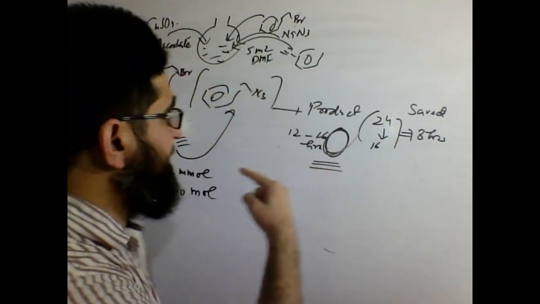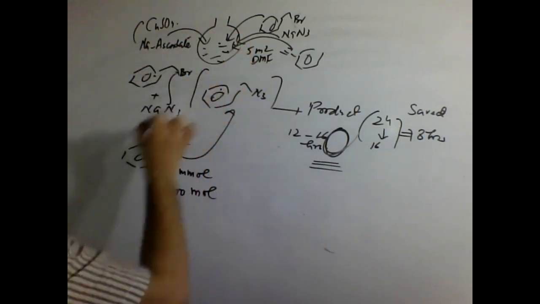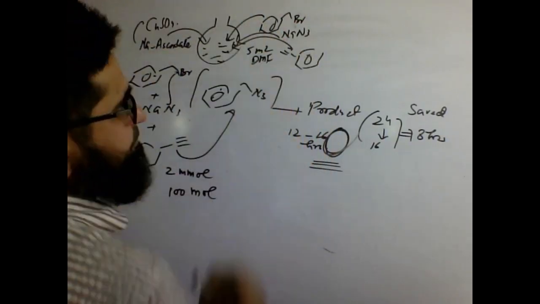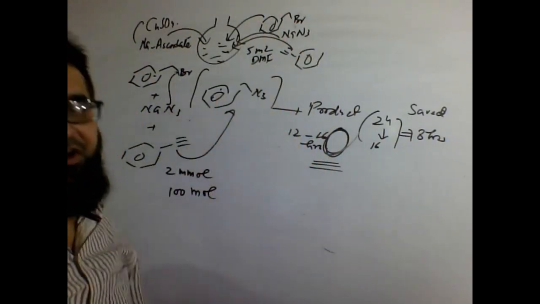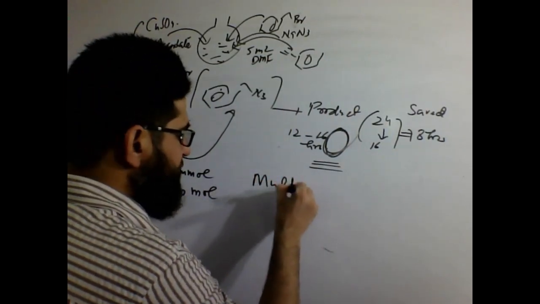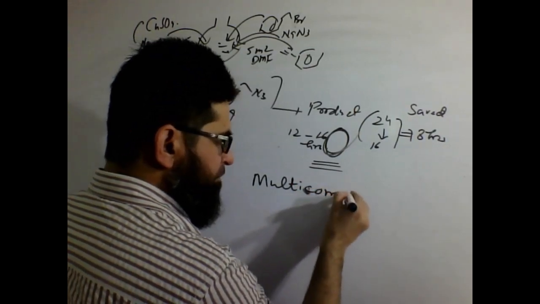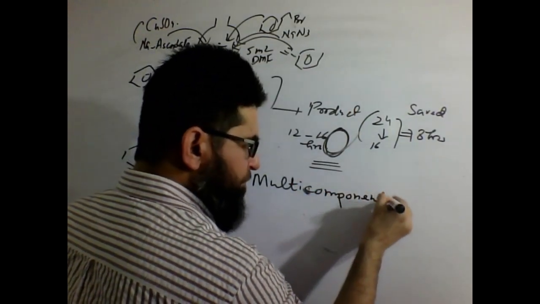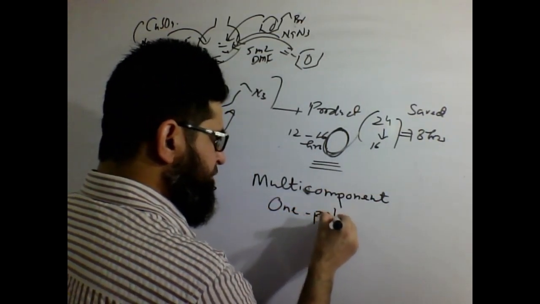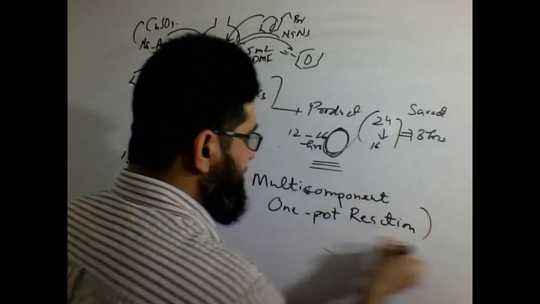So this is again one pot, 2-3 components, 2-3 reactions have been put together into the same flask. Such reactions are called multi-component one-pot reactions or one-pot synthesis.